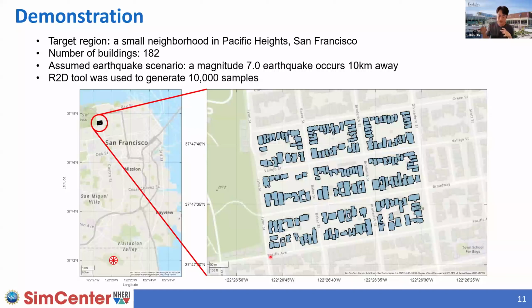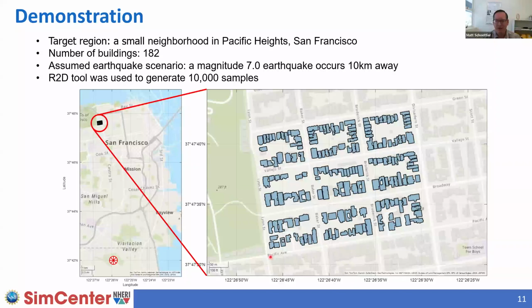After an earthquake, you just observe which building has collapsed or not. And then using that observation data, you can construct the Ising model even from a single data set. Right. Okay, so you could have used observational data. You didn't have observational data, so you created simulated data using the R2D tool for this subset.